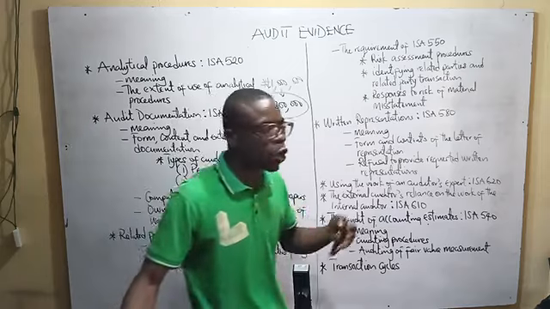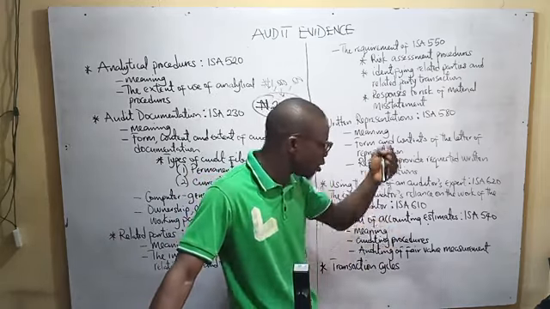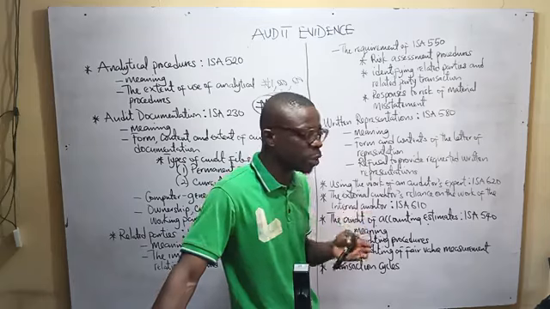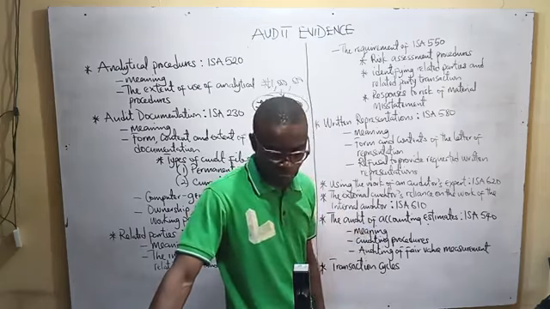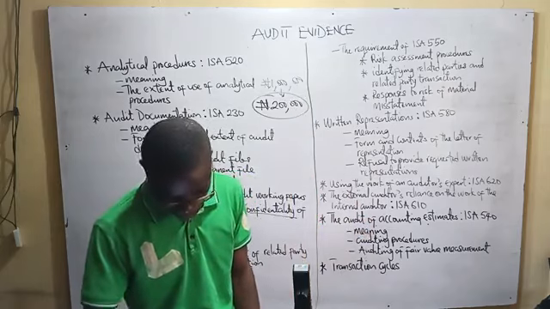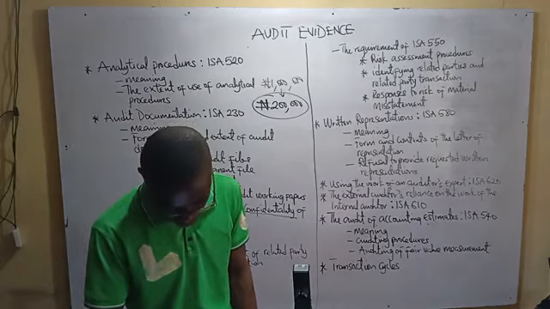It will also state the form of the expert's report and the confidentiality requirement. This is going to be stated in the letter of engagement or terms of engagement. Am I communicating? Yes, sir.